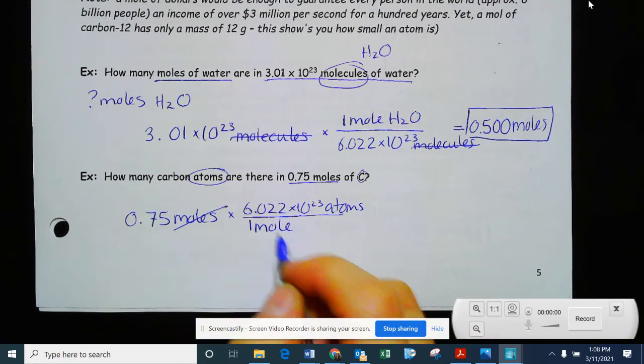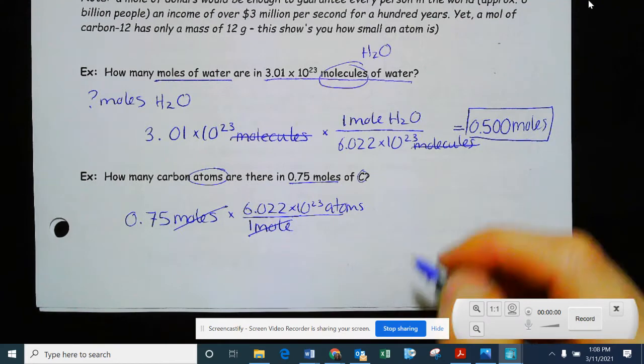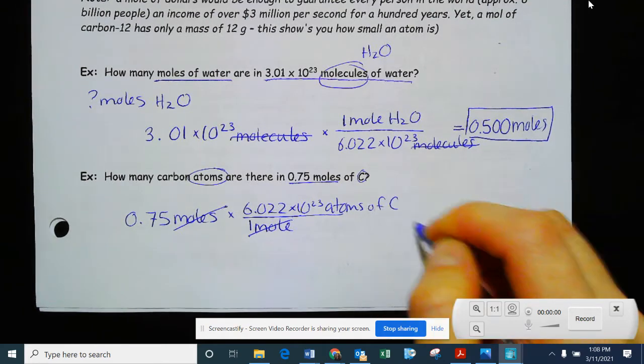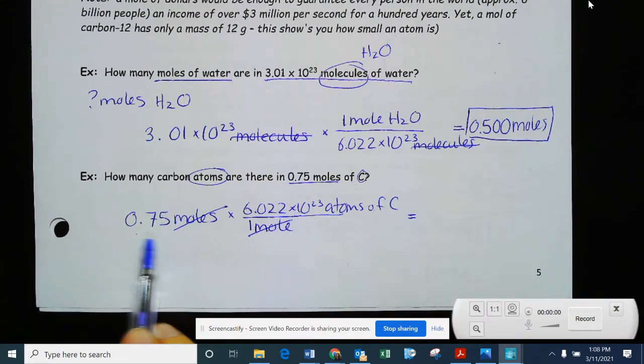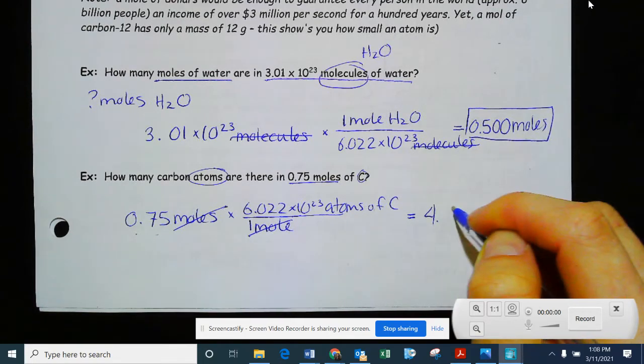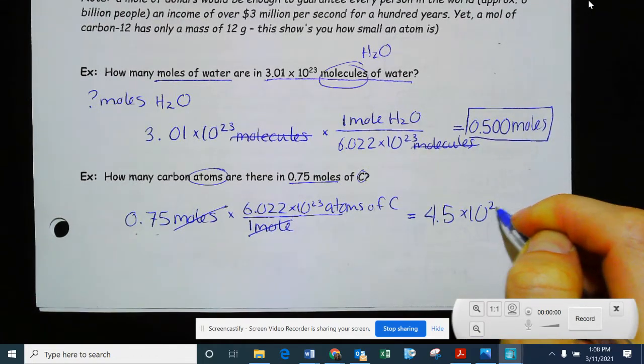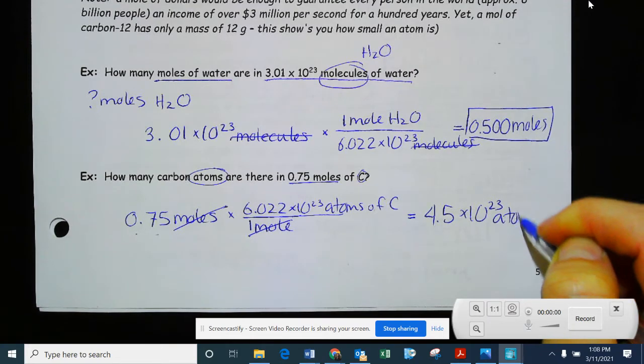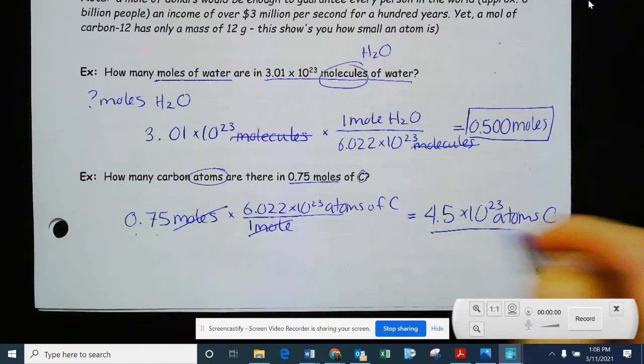That cancels out moles and leaves me with atoms of C, carbon. So I do 0.75 multiplied by this huge number, and I end up with 4.5 times 10 to the 23 atoms of carbon.